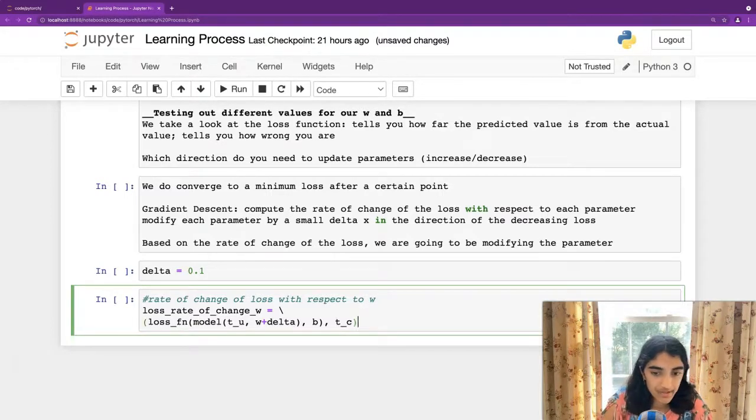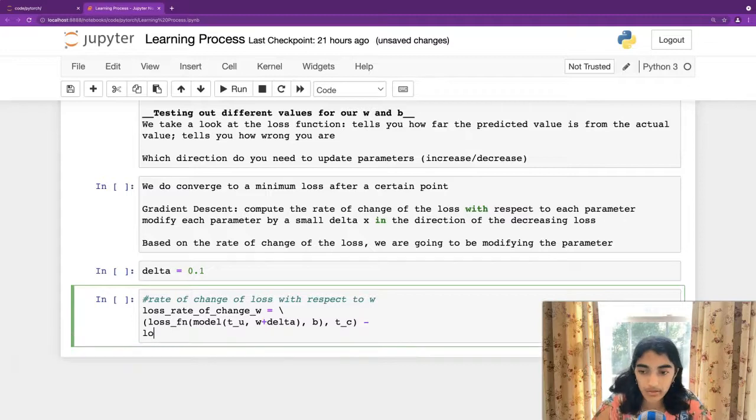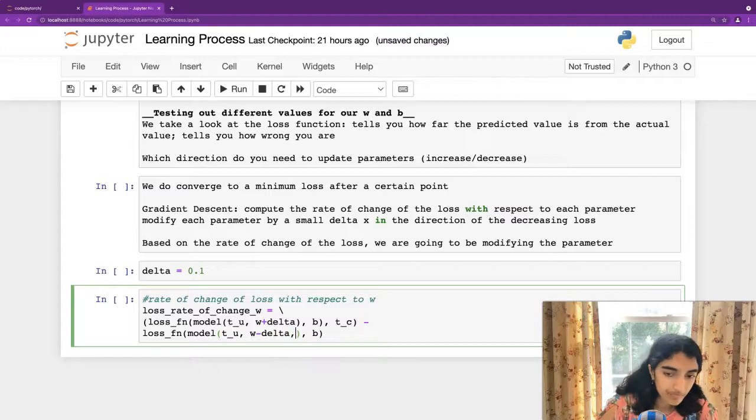I'll be going through this in just a second. Let me just type it down first, and then we'll get to it. This function model tu, comma, delta, w minus delta this time, comma, b, tc.